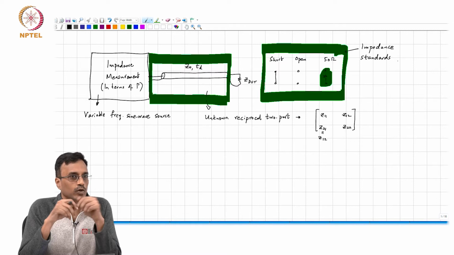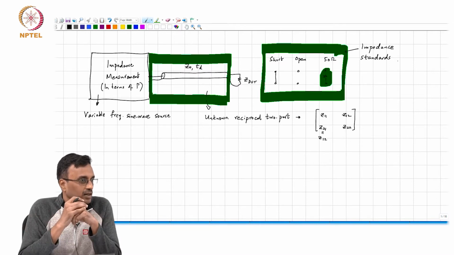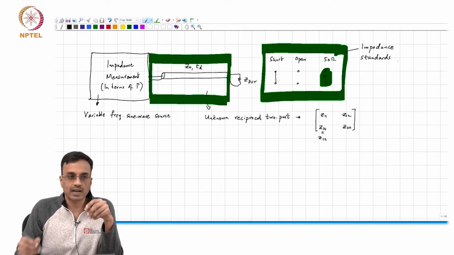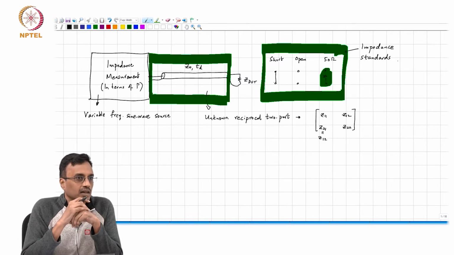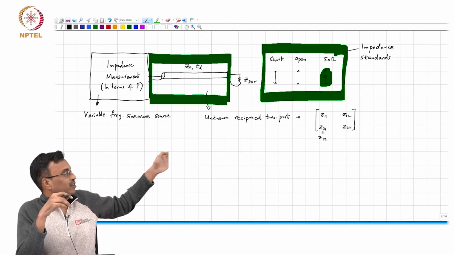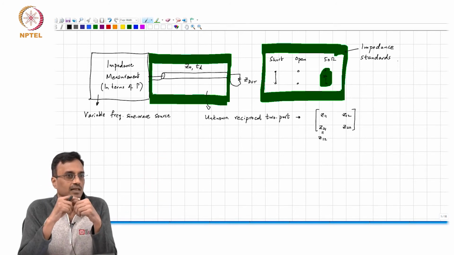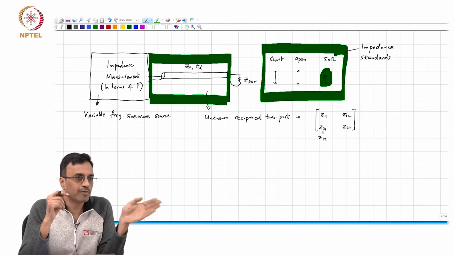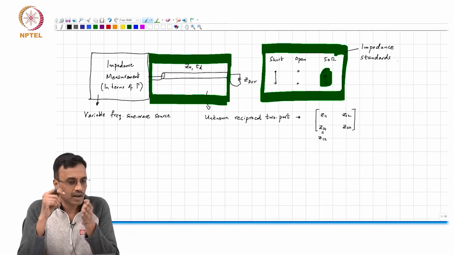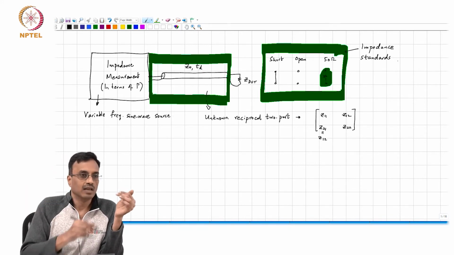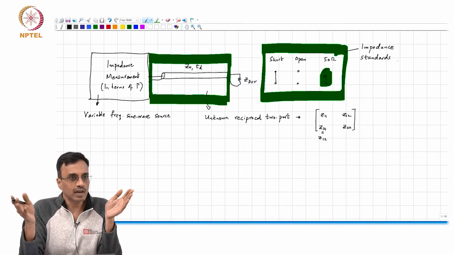So you connect the cable between the box and the device under test. But before you do that, you must connect it to the short, and then you press a button, and the box will sweep frequency over the range of interest and measure the reflection coefficient as a function of frequency, right.